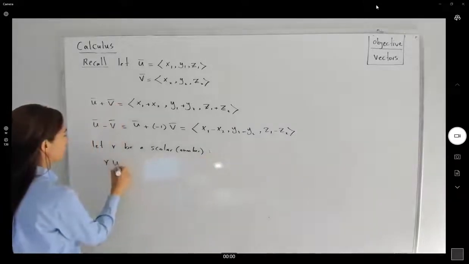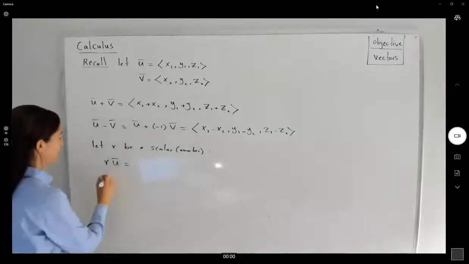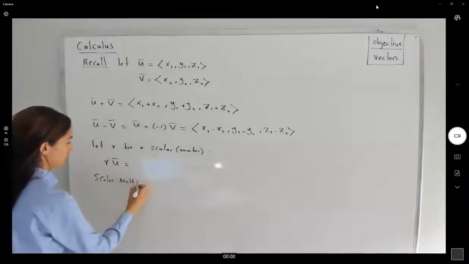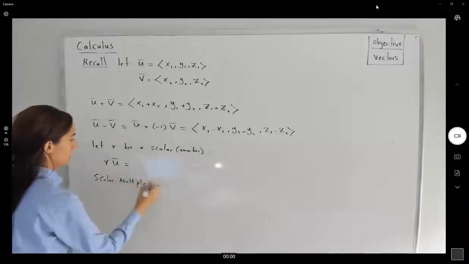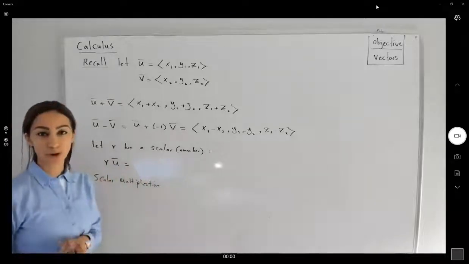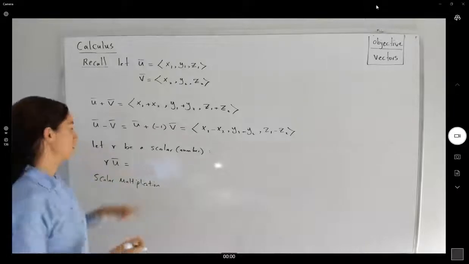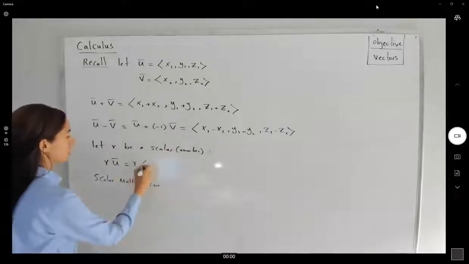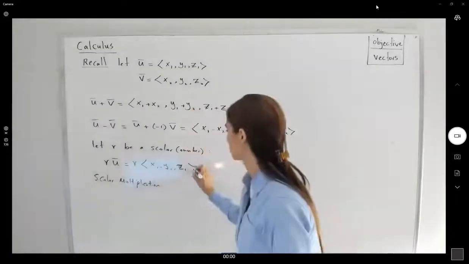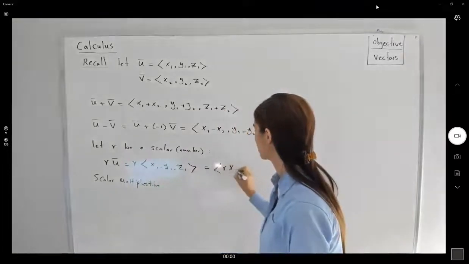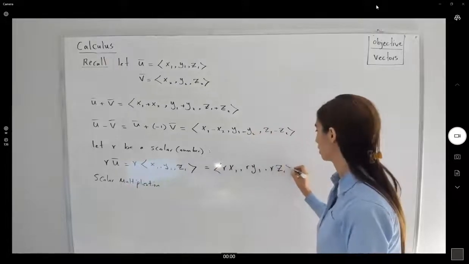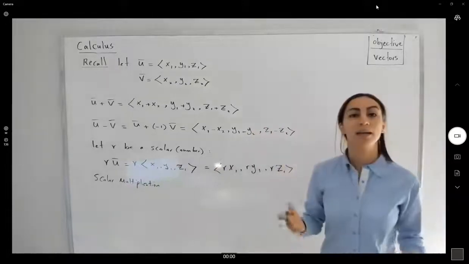Then R times U, scalar multiplication, is equal to, remember that officially we say we distribute R into the components of vector U. So we have R times (x1, y1, z1), which is equal to R times x1, R times y1, and R times z1. R can be any number.